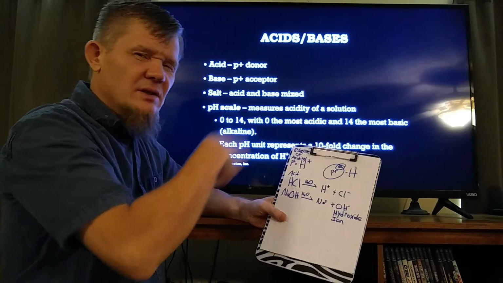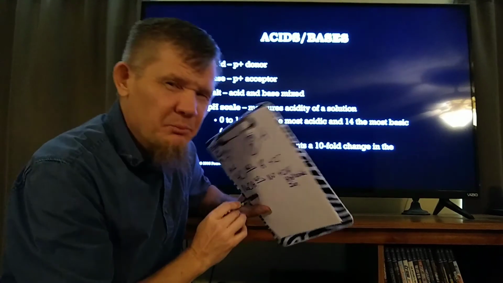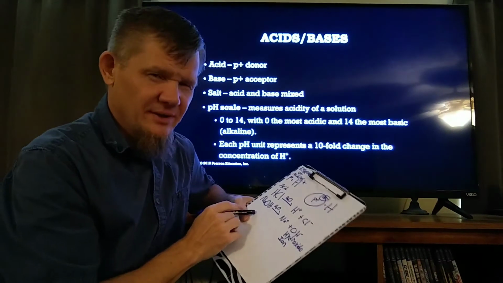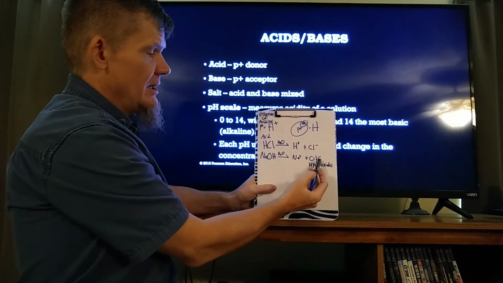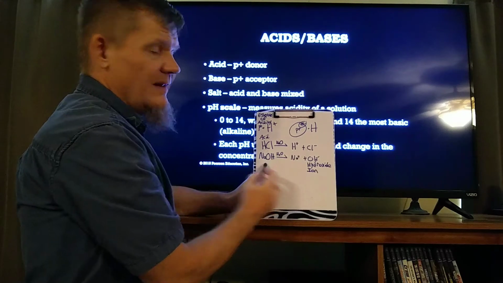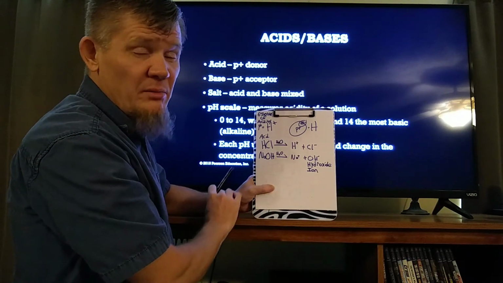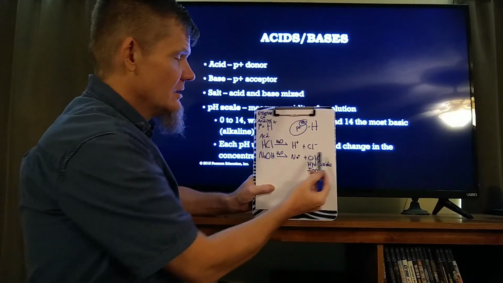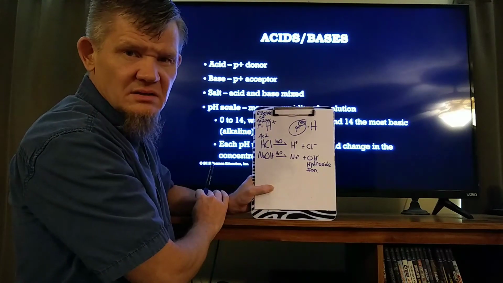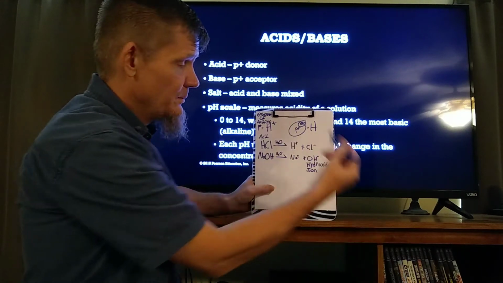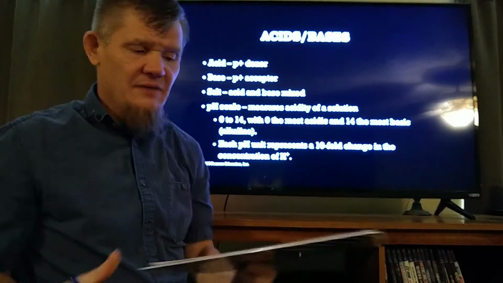Let's go back and finish up talking about a base. Sodium hydroxide. It is a proton acceptor. A proton acceptor means there's some part of this equation right here that says, please, please, please give me a positive charge. Remember, opposites attract. So what part of this equation down here says, please give me a positive charge? That negative hydroxide.